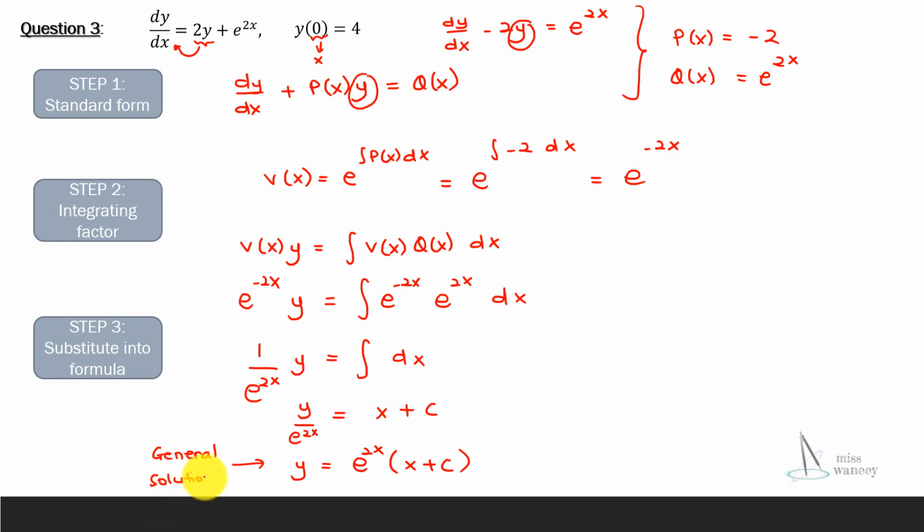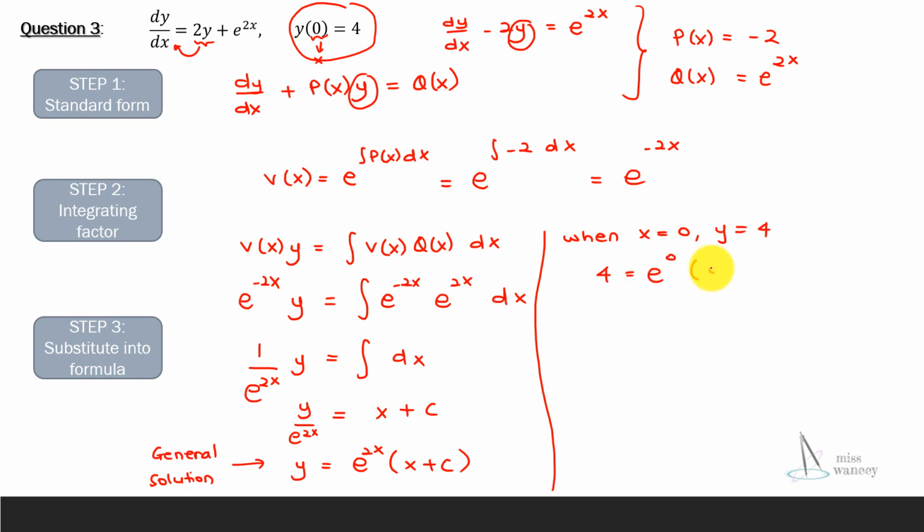Since the question gives us a value of x and y here, we need to substitute to find out the value of c. Okay, so when x is equal to 0, y is equal to 4. So let us substitute. 4 is equal to e to the power of 0 times (0 plus c). e to the power of 0 is simply 1.